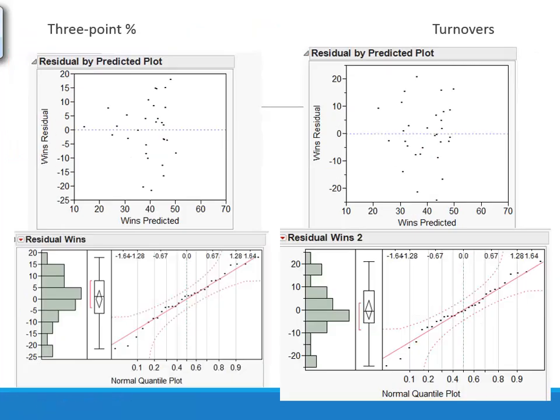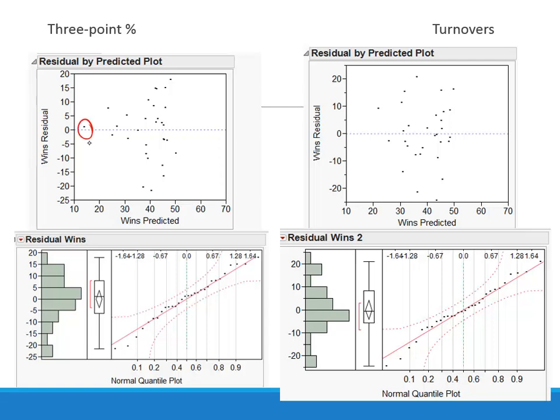Oh, I also wanted to show you these residual plots. Again, at the top I've given you the residual plots for the residuals versus the predicted, and same on the other side there. And then I've given you the normal probability plots. Do you see anything concerning going on here? Normal probability plots look good for both of them, right? Residual plots, they're maybe a little weird.